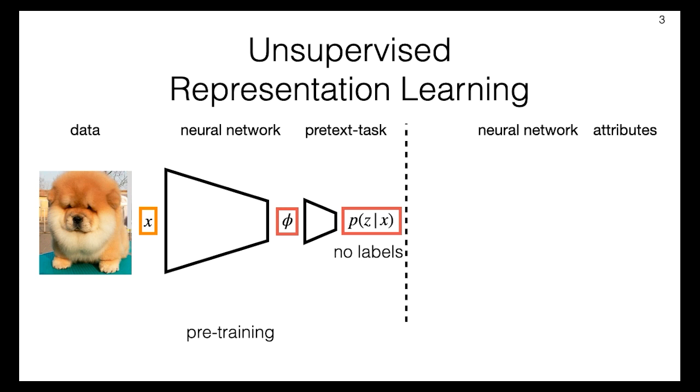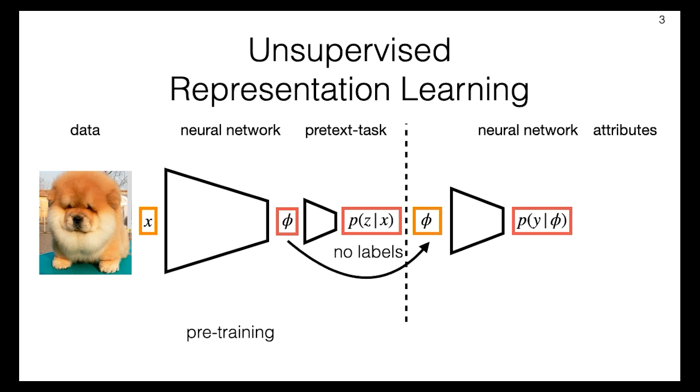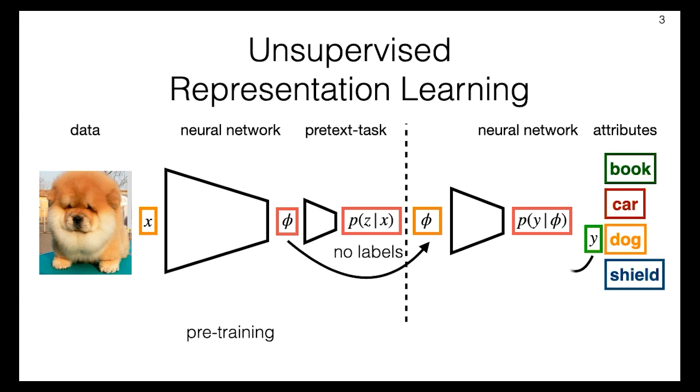Then, one trains a small network, possibly with one or very few linear layers, feeds the features learned during pre-training as input, and trains the small network on a small set of data samples with labels. This second step is called transfer. If one also allows the pre-training network to be updated during the transfer, then the whole procedure is called fine-tuning.